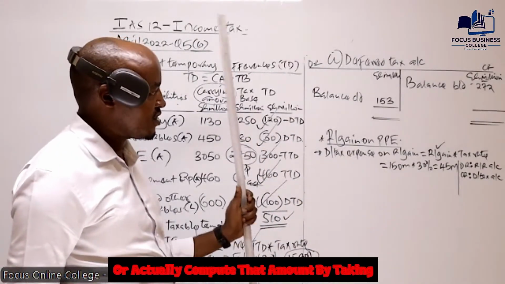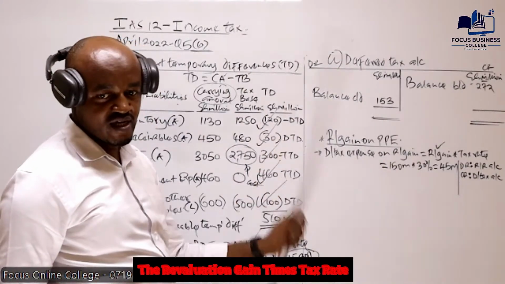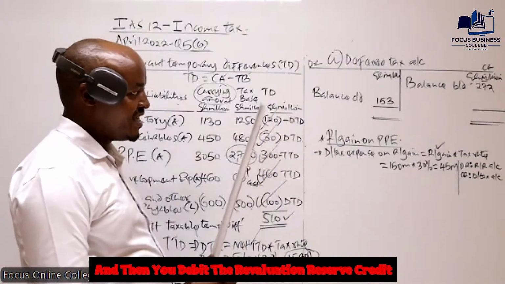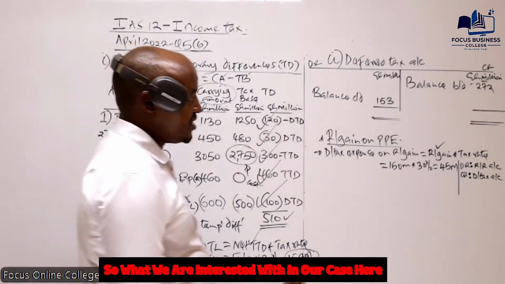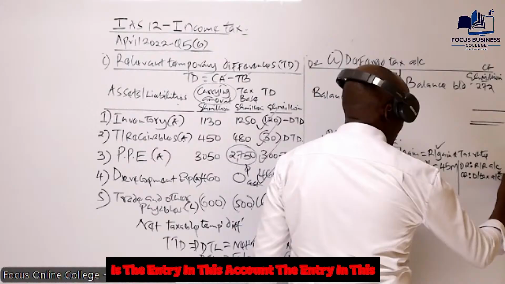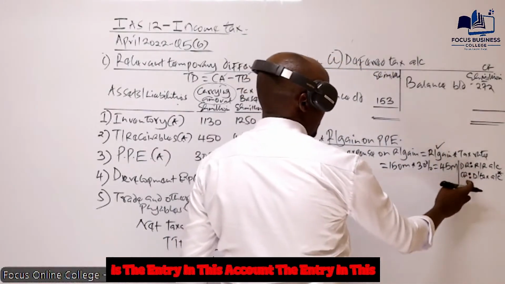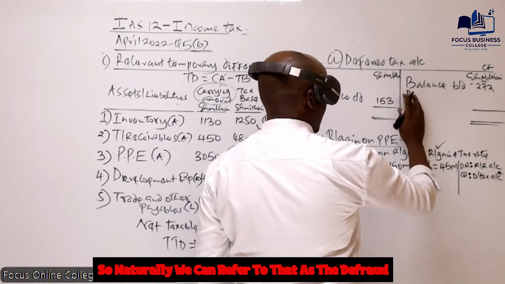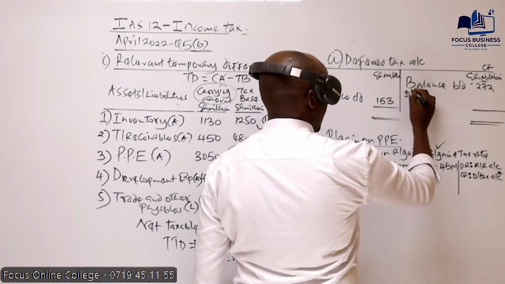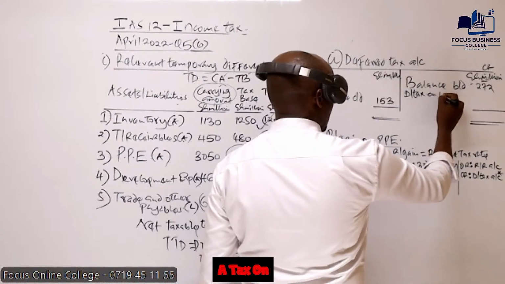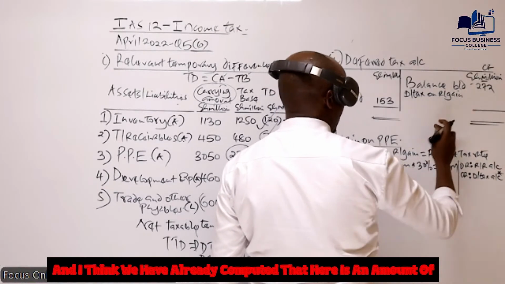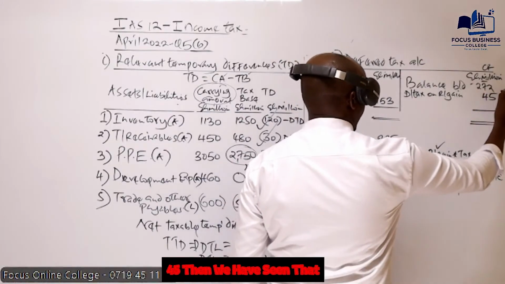That is basically how we account for the deferred tax expense on the revaluation gain. You compute that amount by taking the revaluation gain times the tax rate, then you debit the revaluation reserve and credit deferred tax. So what we are interested in here is that this account should be credited. Naturally, we can refer to that as the deferred tax on the revaluation gain, and we have already computed that here as 45.